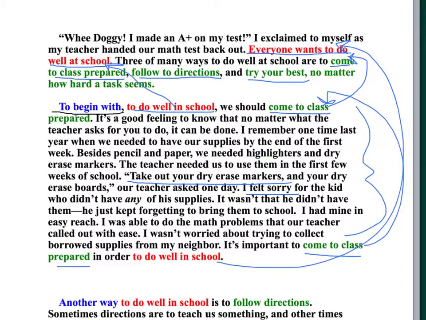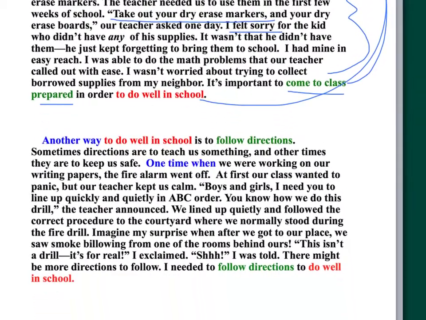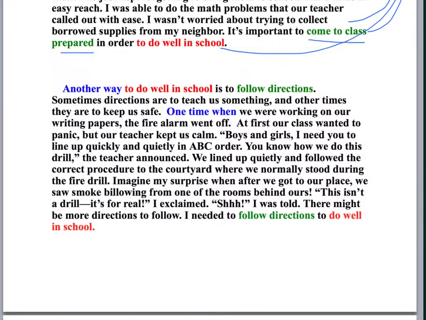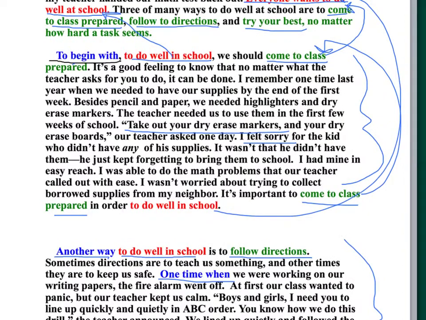Then scrolling down for the next paragraph, we have the same thing. We have a transition. We've restated the prompt, restated the reason. Then all this right here is going to be our story, our anecdote. And we had an anecdote up here too, and I forgot to highlight it.